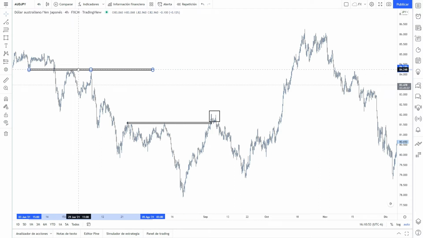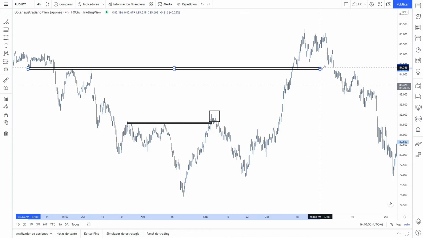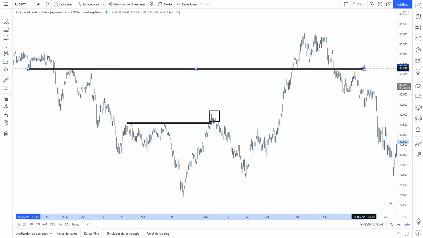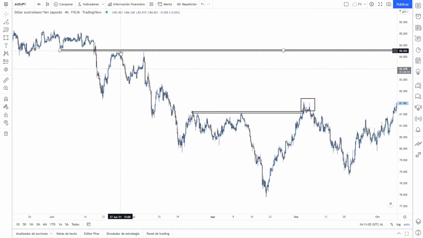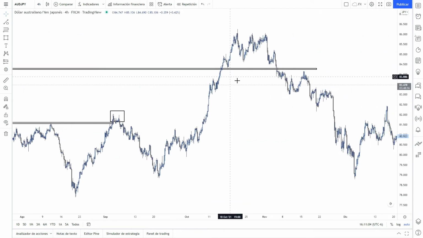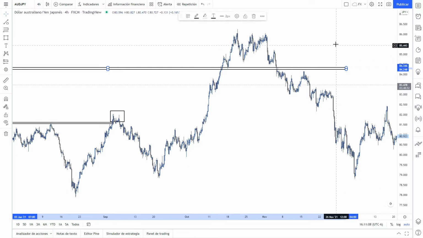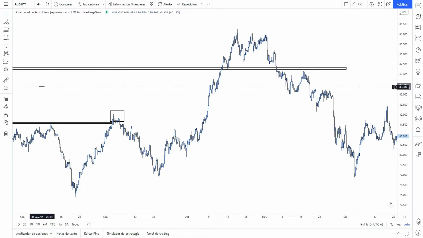Let me give you another example. When we apply support and resistance patterns like this, what do we have here? We have support, resistance, resistance, support. So this is a sensitive level. What can we expect?